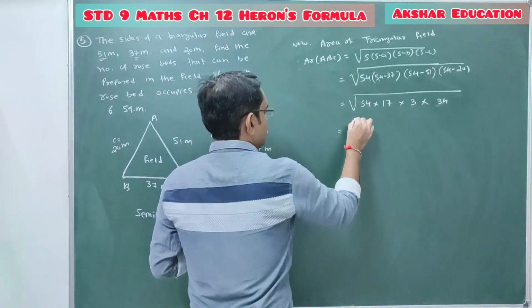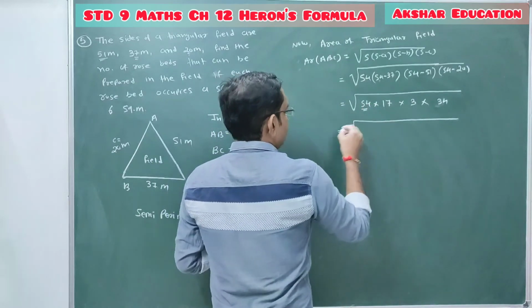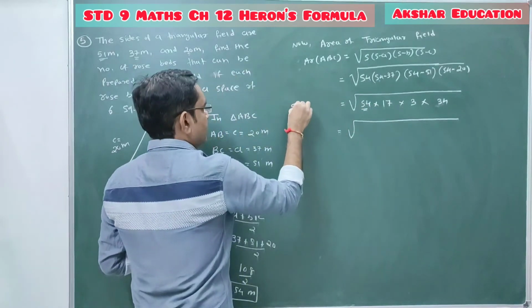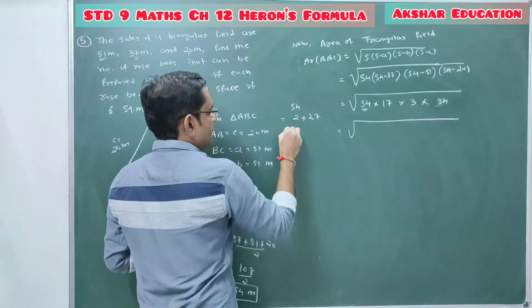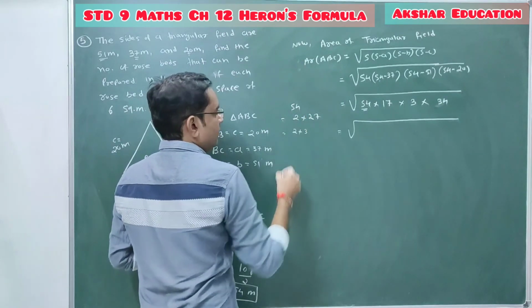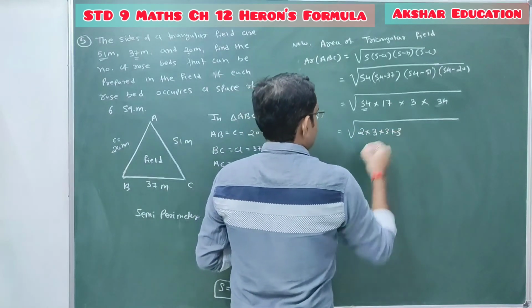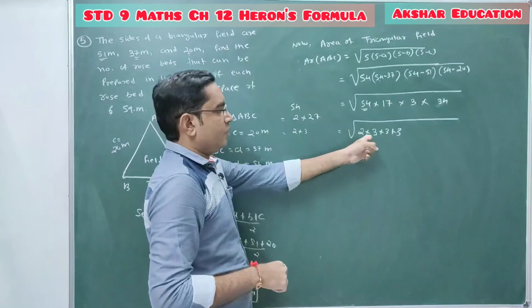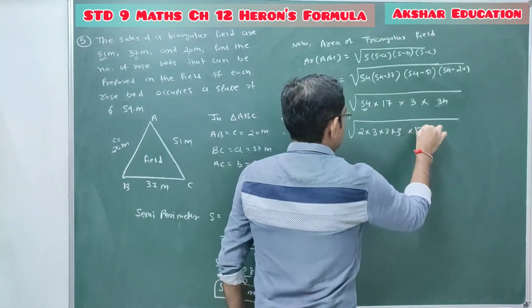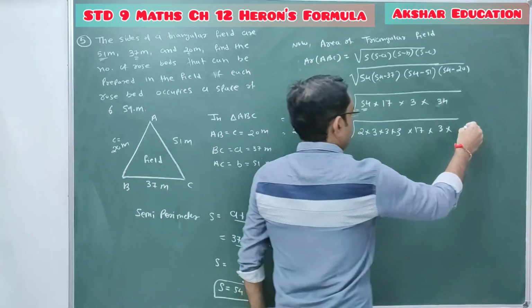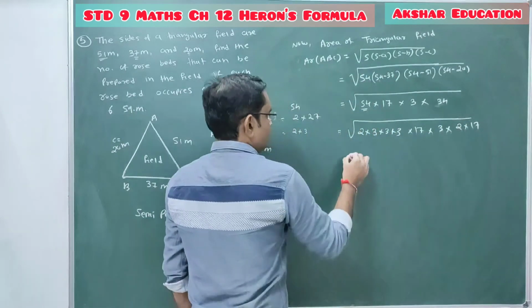So now here we can write 54 as 2 into 3 into 3 into 3. 17 as it is, 3 as it is, 34 as 2 into 17.